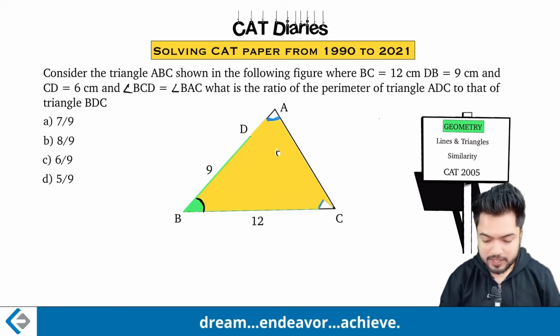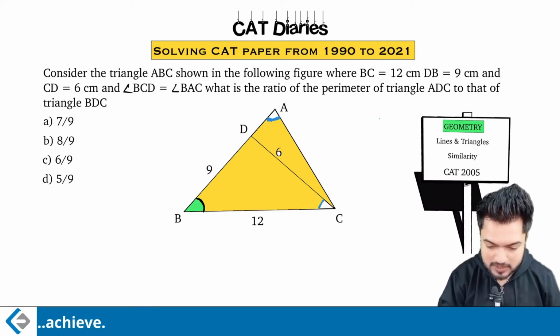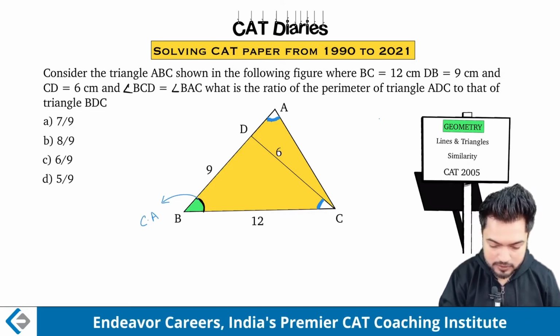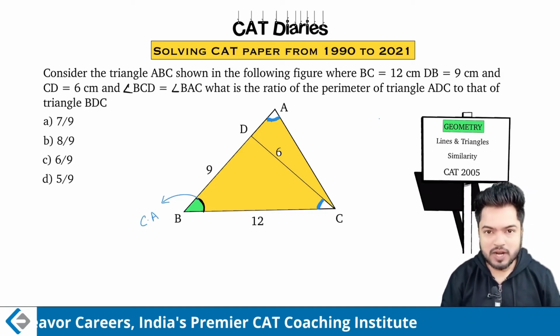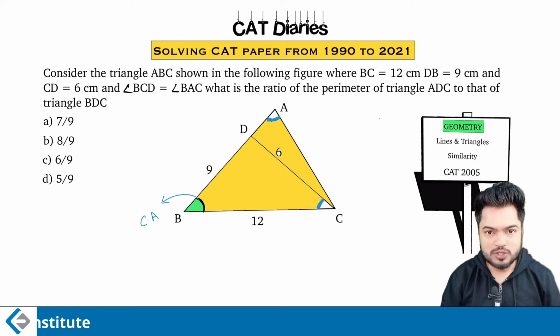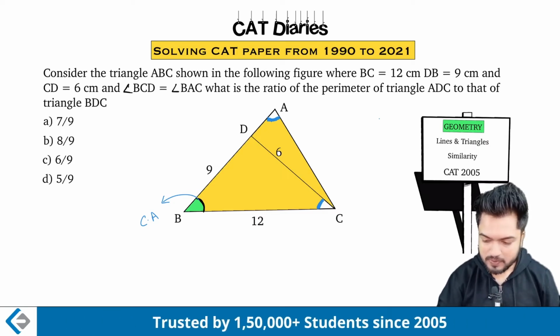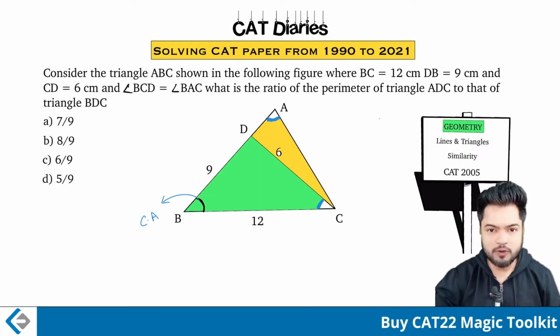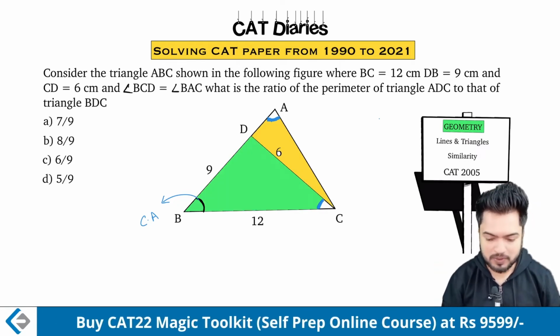When you take these two triangles, these two angles are equal already, and this is a common angle. So two angles are equal in these two triangles, which means these two triangles are similar. That is what I proved right now. I'll put this as green so that you can differentiate between the two: the green, and the yellow plus green.